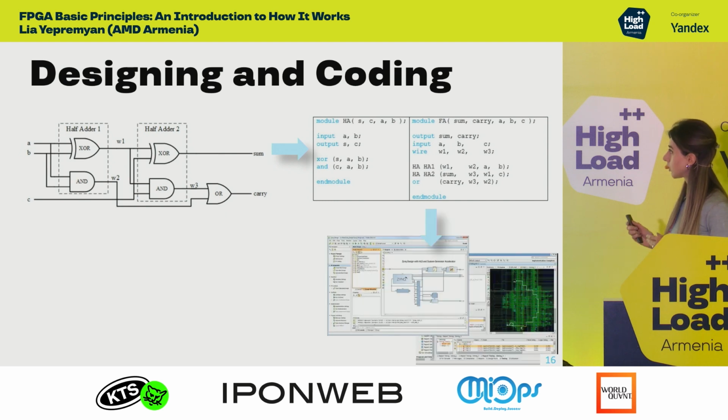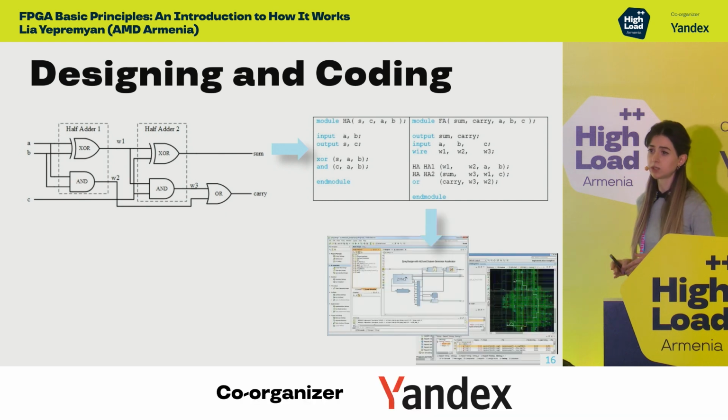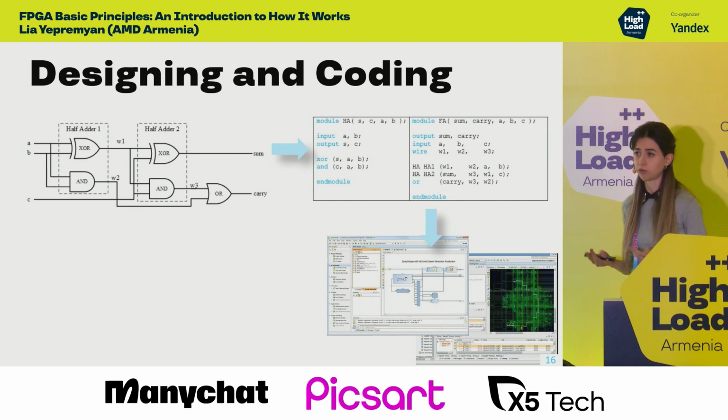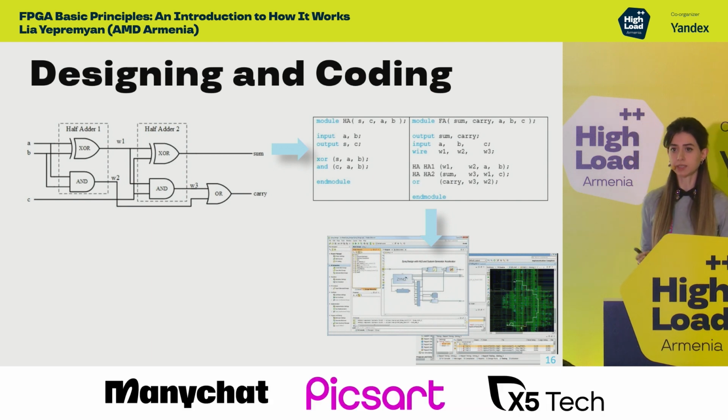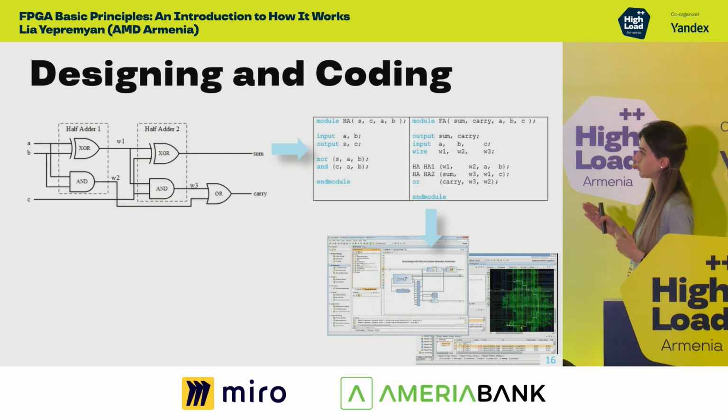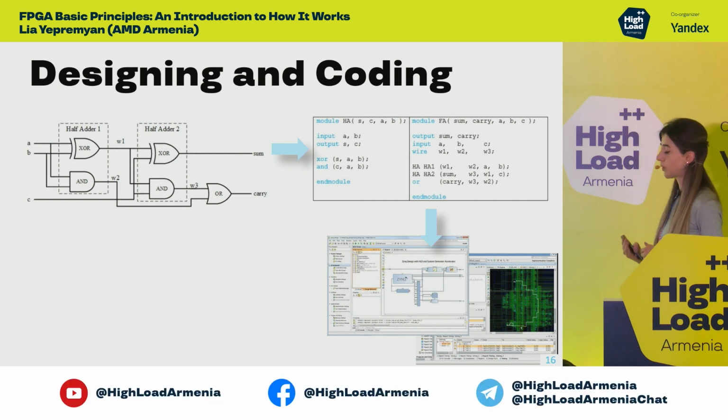When the code is ready, we read it into the appropriate software. For example, for Xilinx it is Vivado, which helps create the scheme according to our code. This is done by synthesizing the design.